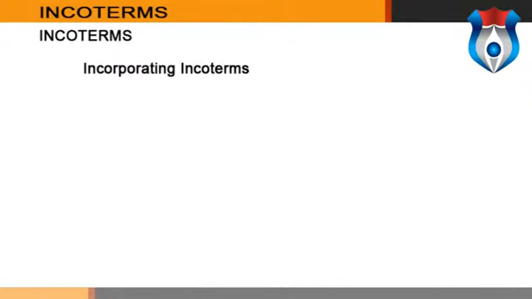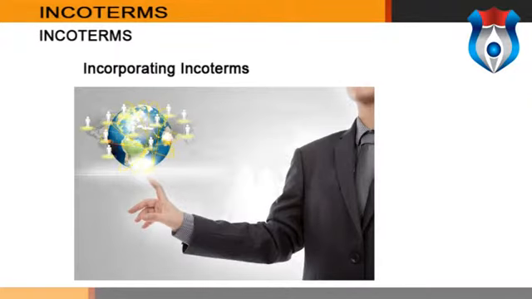Incorporating Incoterms: it is important to ensure that where the protection of Incoterms is intended to be incorporated into a contract of sale, an express reference to the current edition of Incoterms is always made. Alternatively, suitable wording can be included in the contract stating that the contract is subject to Incoterms 2000.